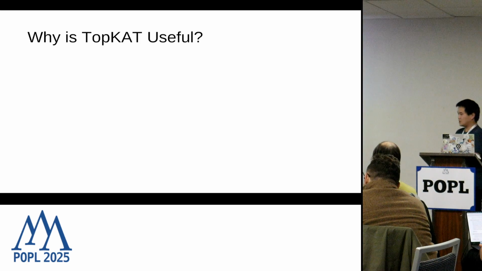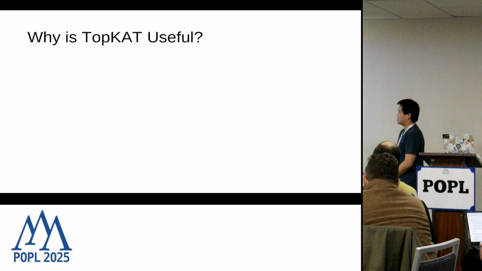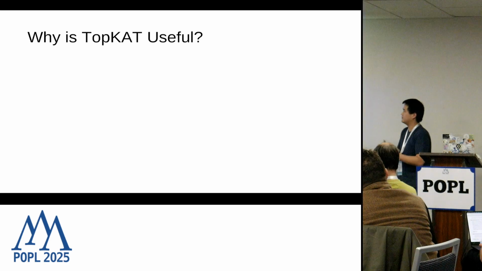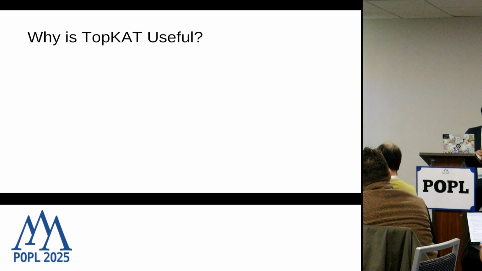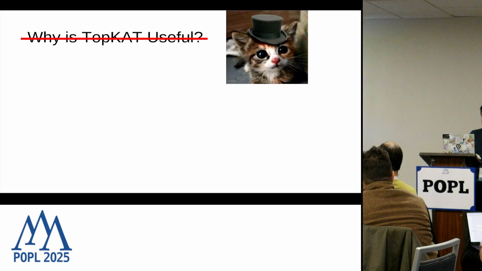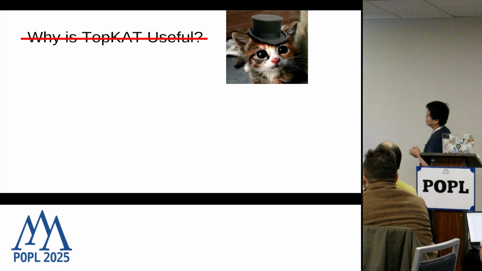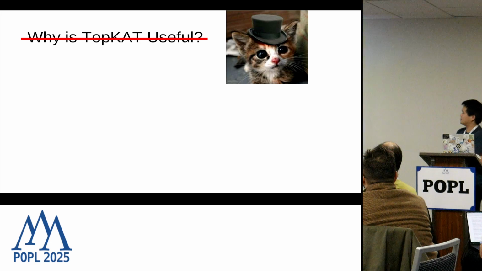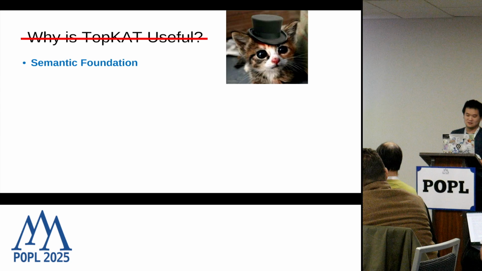And then why is TopKAT useful? Why are we interested in this? I will give some perspective on future work and how I envision TopKAT is going to be used. But first notice that this is a question you never want to ask because you will upset a little cat with a top hat. Look at how sad that little guy is. Seriously, why would you doubt his usefulness?